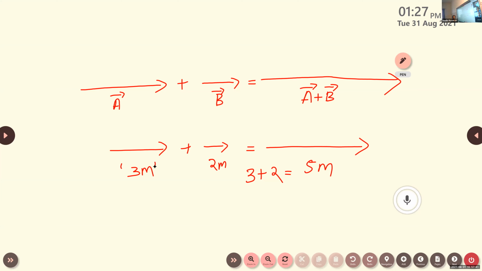So according to our first law of vector addition by the graphical method, if we have two vectors directed along the same direction, then the resultant vector is the sum of the magnitudes of the two vectors. So instead of writing vector A plus vector B, here we can write A plus B. You don't need to write the vector sign there because it is the sum of the magnitudes of the two vectors.